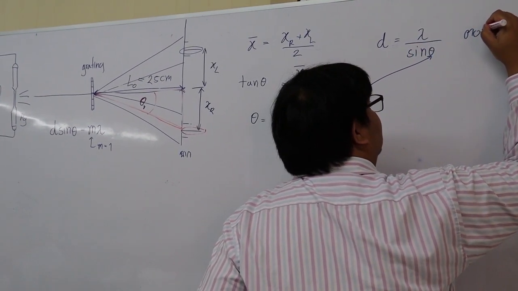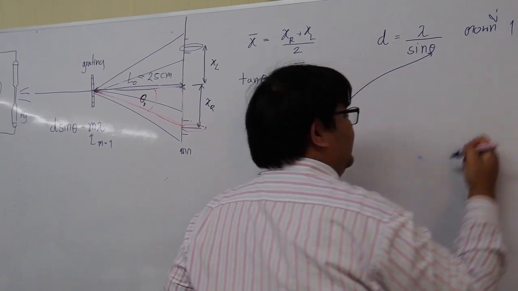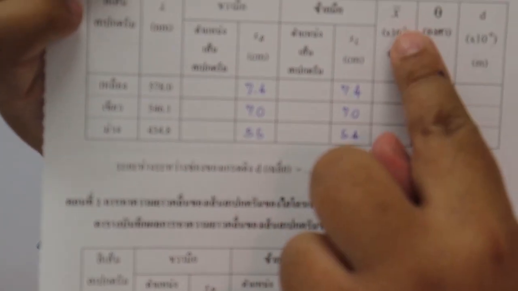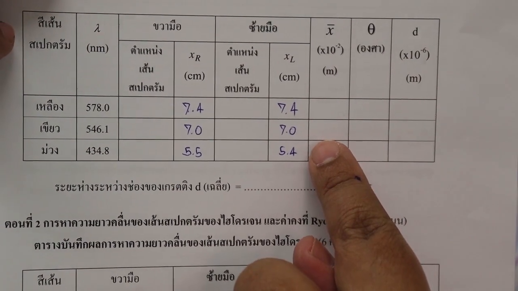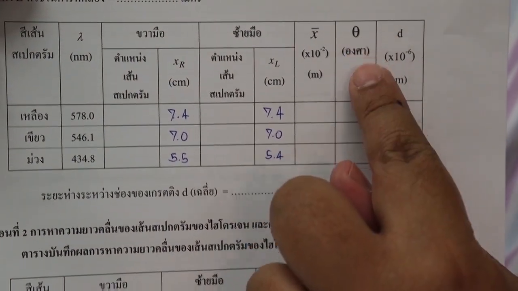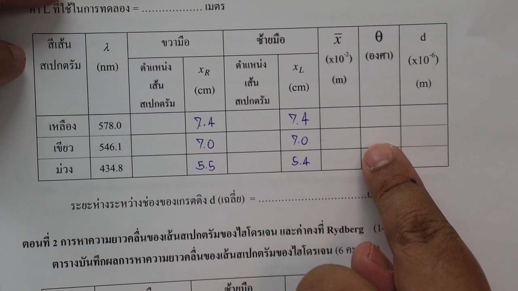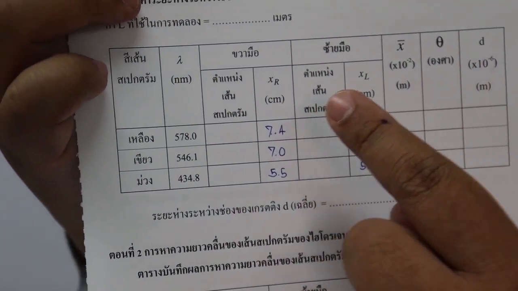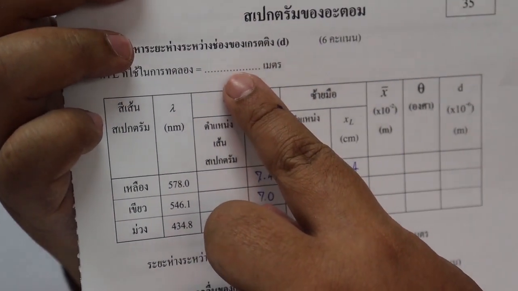This is part 1 of the experiment. In table 1 in the report, it's up to you to measure XR and XL and calculate X bar. After X bar, it's up to you to calculate angle theta from arctan X bar over L0. This is L0.